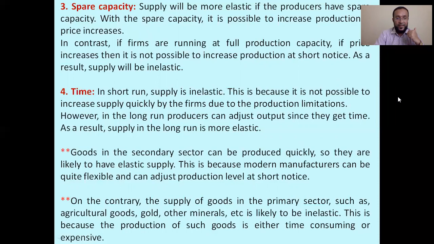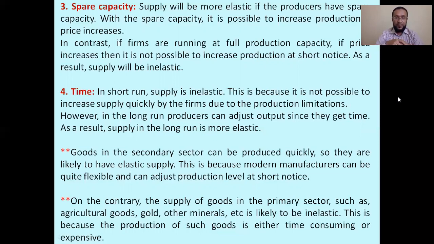Two more important things we have to learn here, and always keep in mind: goods in the secondary sector can be produced quickly, so they are likely to have elastic supply. This is because modern manufacturers can be quite flexible and can adjust production level at short notice. That means price elasticity of supply of the secondary goods or the manufacturing goods is normally elastic.